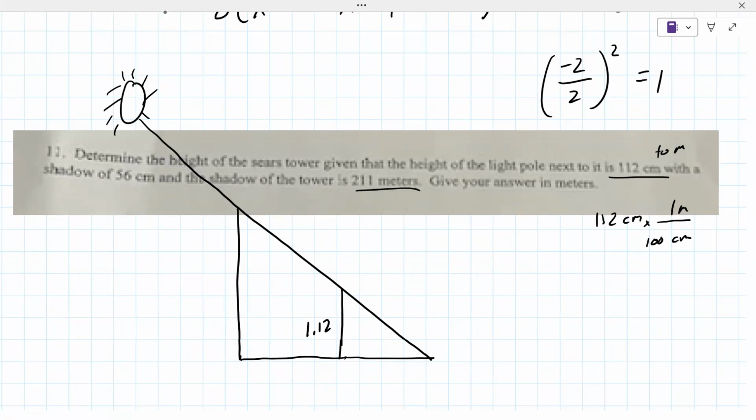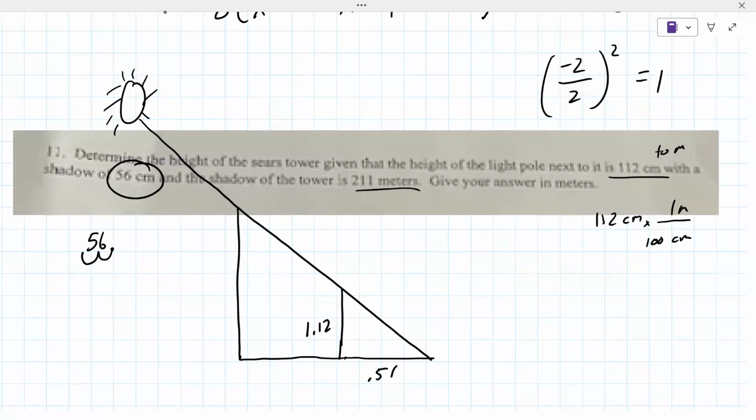Light poles are a lot higher. And then its shadow is 56 centimeters. Again, we have to convert that to meters, so you go back 2 decimal places.